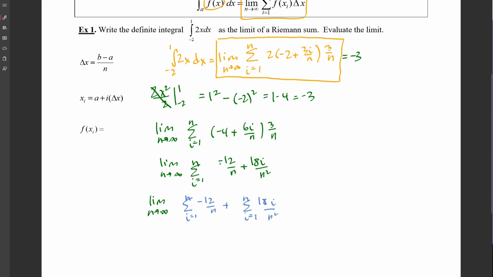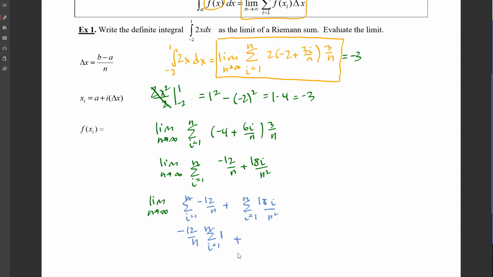Okay, and so what I can do here, like I did before, is pull this -12 over n out, because remember, the n's are constant. We talked about that before. So this is the same as -12 over n, the summation i equals 1 to n of 1, okay, plus.